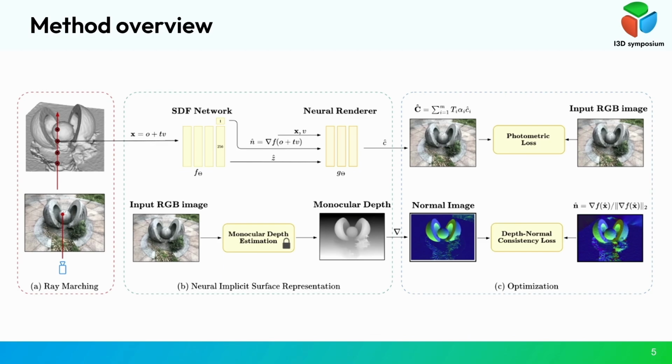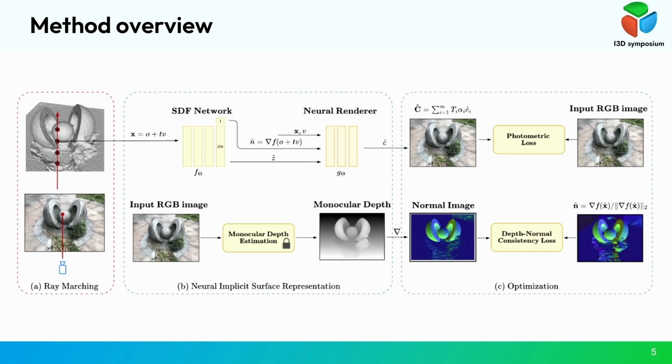In order to compute our depth normal consistency loss, we first obtain the approximate ground truth normal image by using a monocular depth estimator, which is Depth Anything, to get the monocular depth for each input image. Then we take the derivative of the depth map to get the normal image.